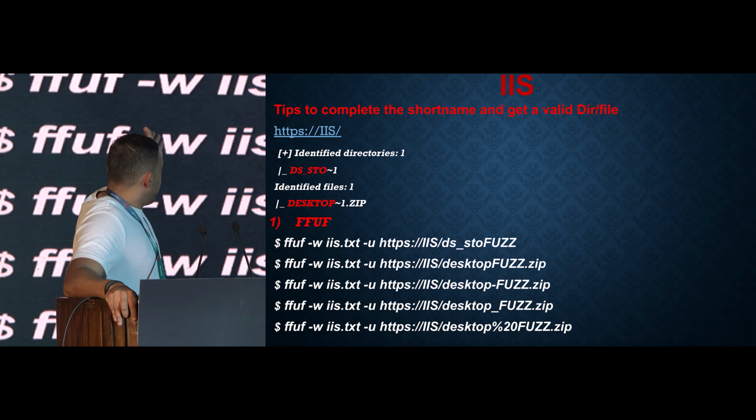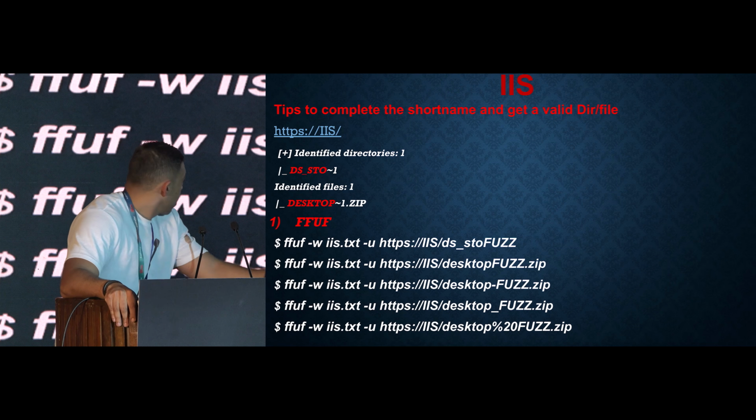Now, desktop, and it means it's maybe a backup file, maybe a setup file, but we don't know what's after desktop. And we have a directory, it's called ds_sto. STO, maybe it's a shortcut for studio, maybe a shortcut for something else.